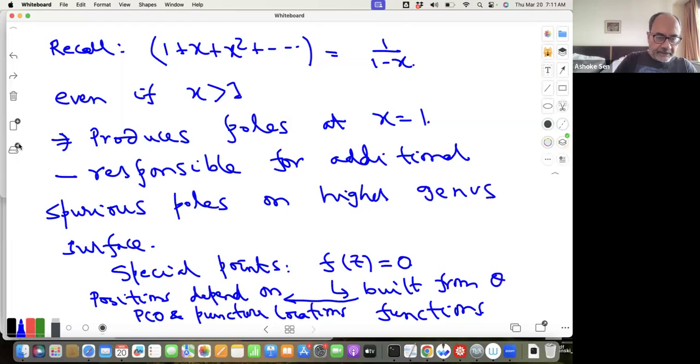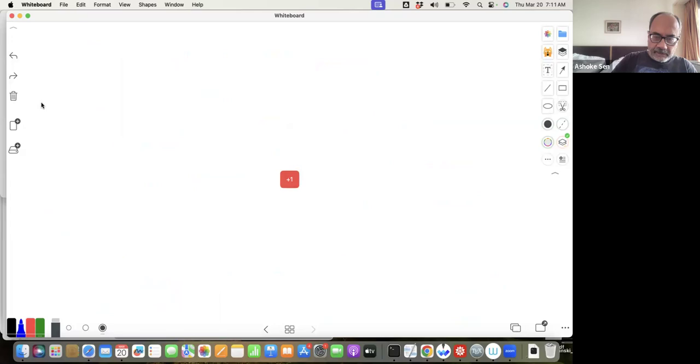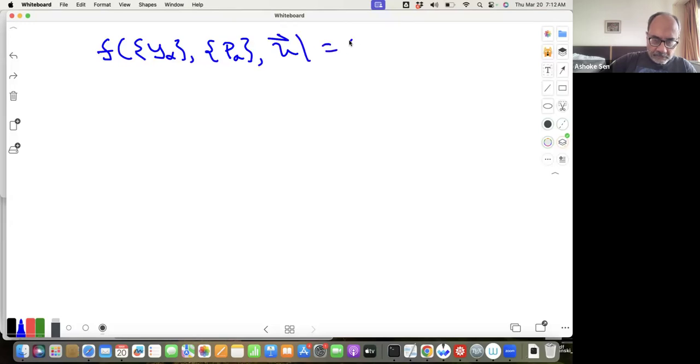So I'll make it a little more detailed. Basically what it is saying is that the zeros occur at some function of the y alphas, then the zi's, or let me write these abstractly as pi's, and u equal to 0.